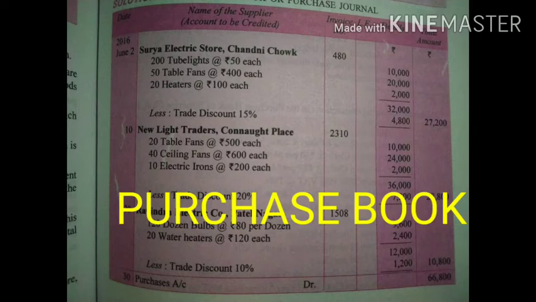Then the third column is the invoice number. Invoice number shows by which invoice the goods are bought, and that invoice is recorded here. Then comes the ledger folio number, because for the parties from whom goods are purchased, we maintain their ledger accounts, and the ledger page number is mentioned here.